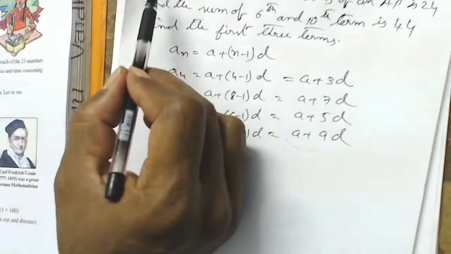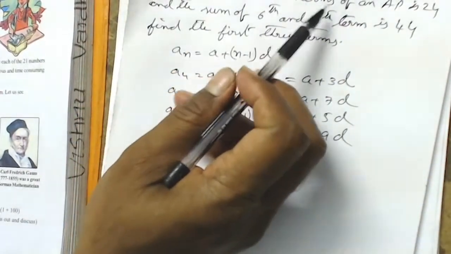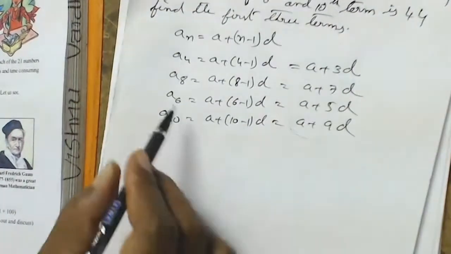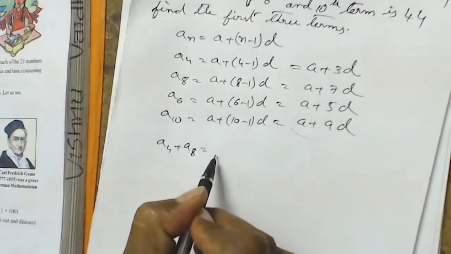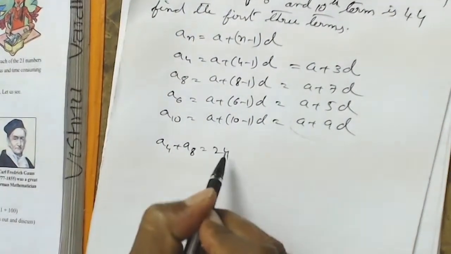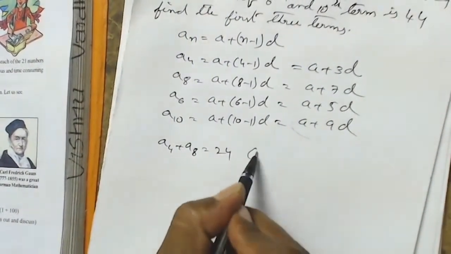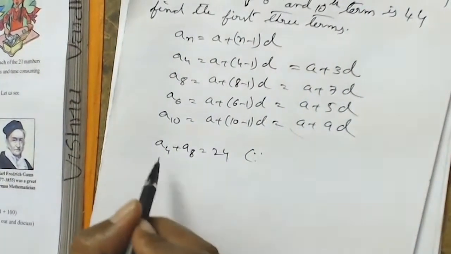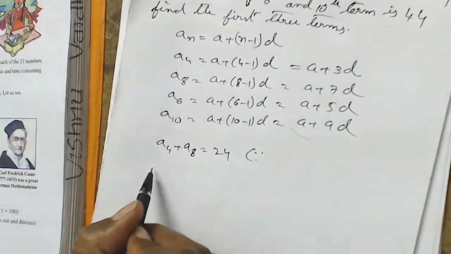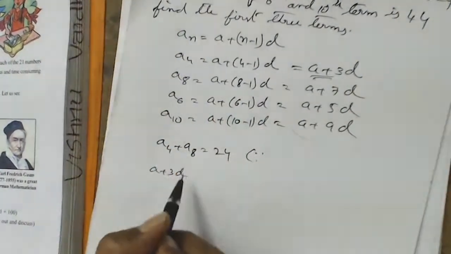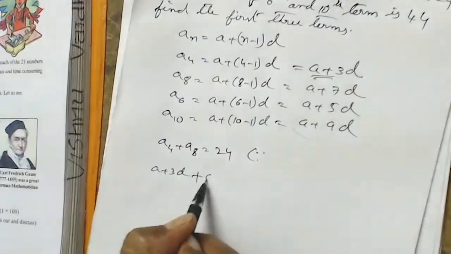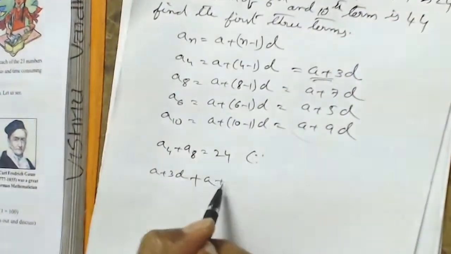Now read the question. The sum of 4th and 8th terms of an AP is 24. Sum means addition, so A4 plus A8 equals 24. A4 is A plus 3D, and A8 is A plus 7D.